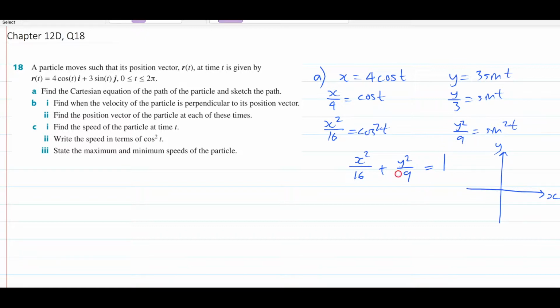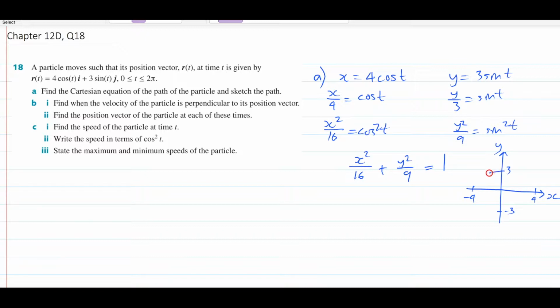So this is your ellipse with a horizontal radius of 4, so negative 4 and 4, and a vertical radius of 3, so negative 3 and 3. And then you sketch your ellipse down right here. Luckily this question was from 0 to 2 pi, so it went one full period. The period of both cos and sin is 2 pi, meaning you can just sketch the whole thing.